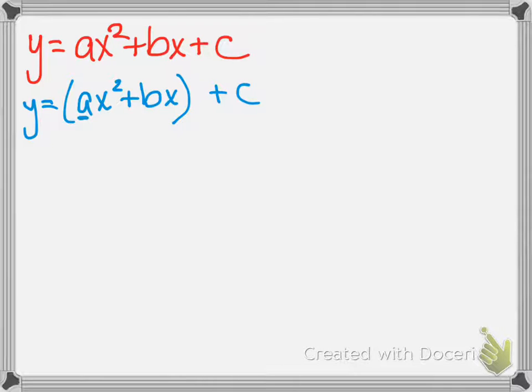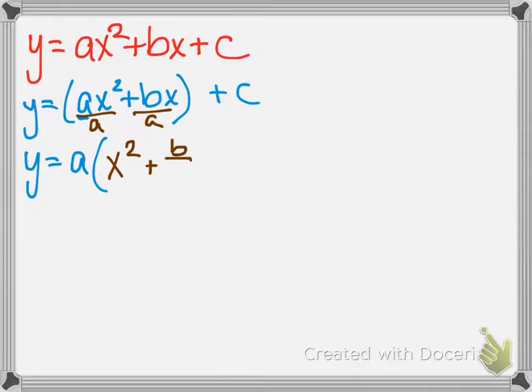Because there's a number in front of x squared, I have to factor that out, so that goes out front. When I divide by a here, this cancels, so I'm just left with an x squared inside. When I divide by a here, nothing cancels, and I can't do b divided by a. If they were numbers, I could get a new number, but here I can't, so I'm left with b over a times x plus c on the outside.